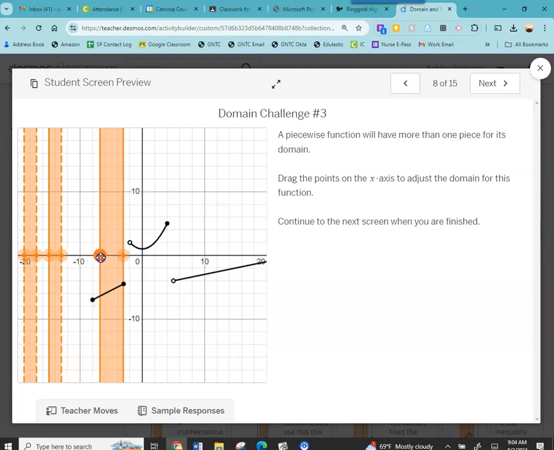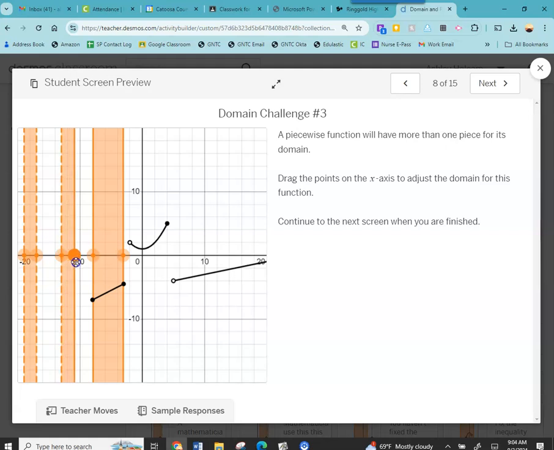Should I keep? You need to think of a vertical highlighted section covering the graph. Is this one finished? Okay, now we're going to fix this one. This one's going to go to a closed circle. Tell me when to stop. Stop.